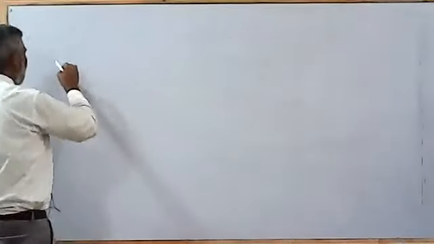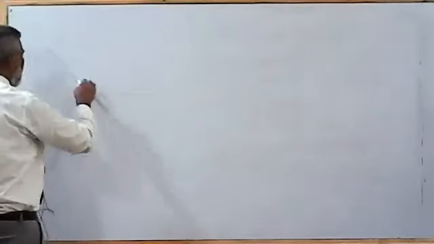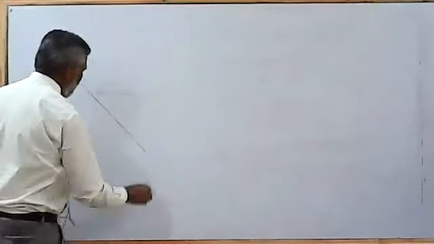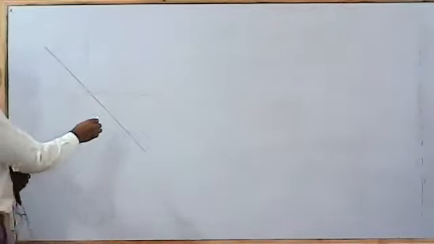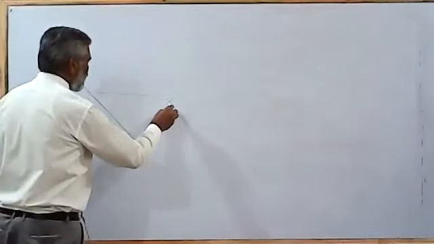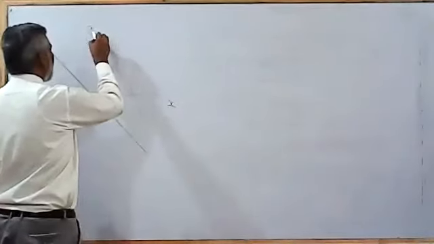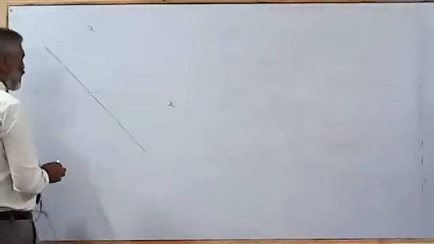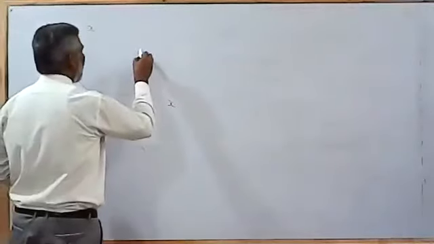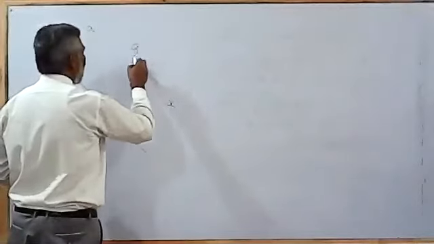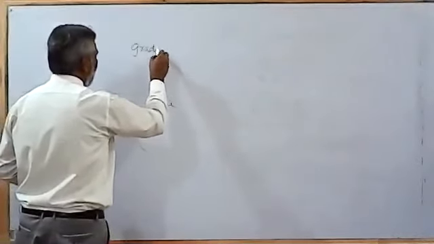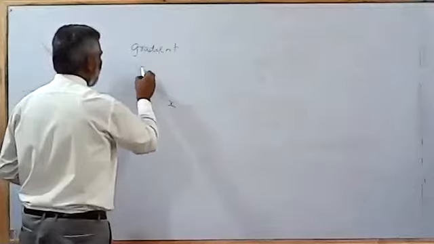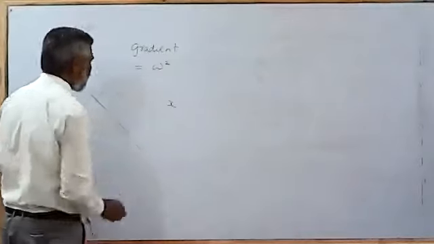One point about this shape of the graph that I can also mention before I discuss displacement time graphs. If this is displacement and acceleration plotted against each other, you can readily see that the gradient of this is omega square.